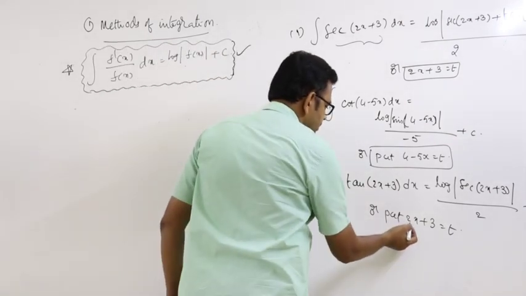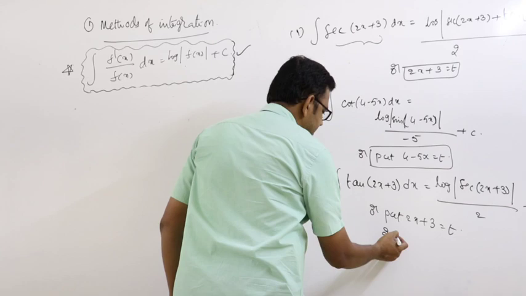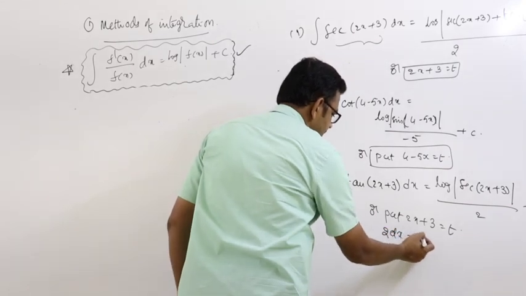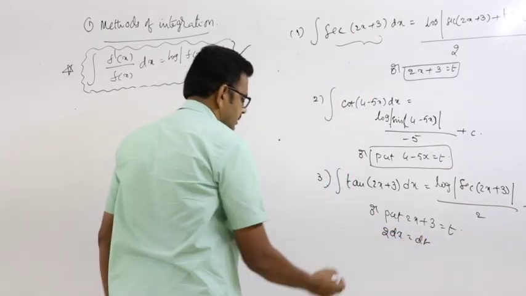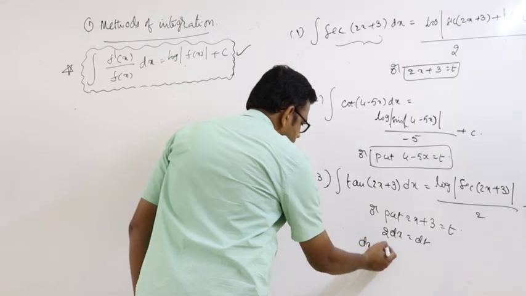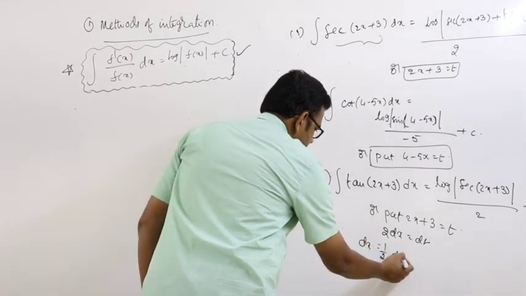If you want to go through this process, 2 dx is equal to dt. Therefore, dx is equal to 1 by 2 dt.